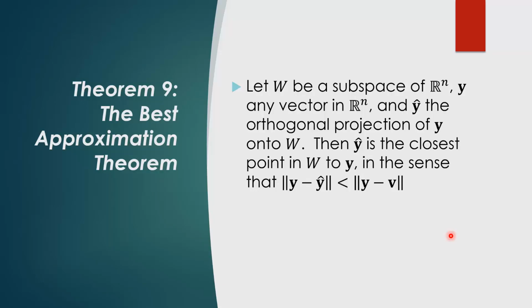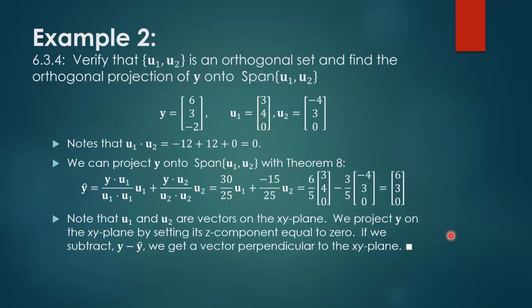Now this section introduces us to the best approximation theorem, which essentially says that the vector y hat, which is the projection onto W, is going to be the best approximation to the vector y that you have. So if we take a look at this example again, 6, 3, 0 is the best approximation to 6, 3, -2.